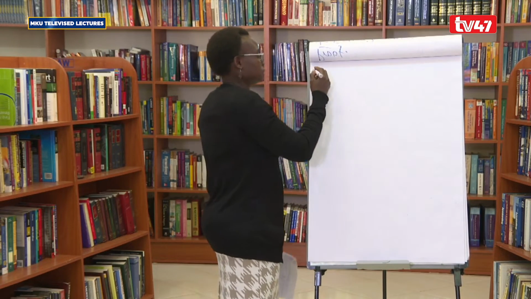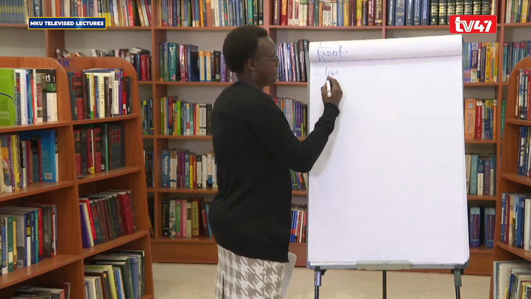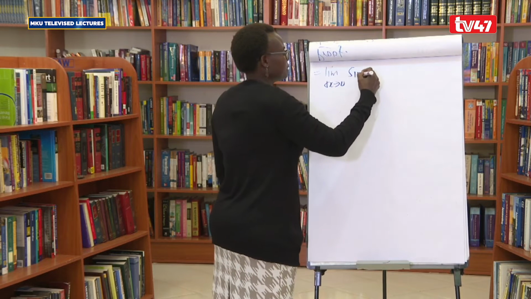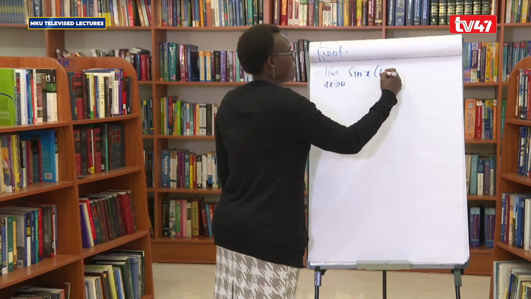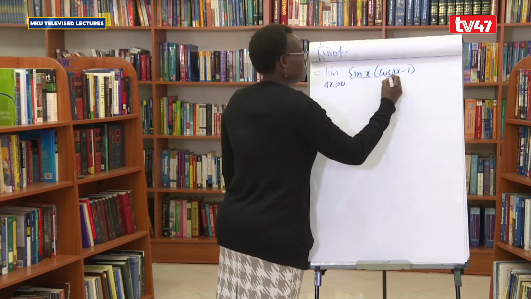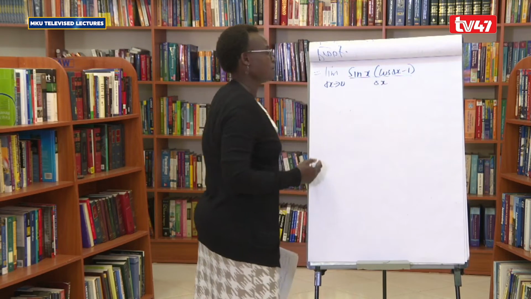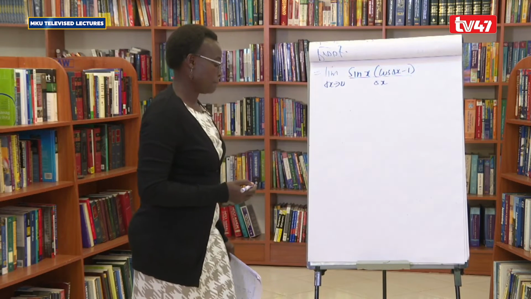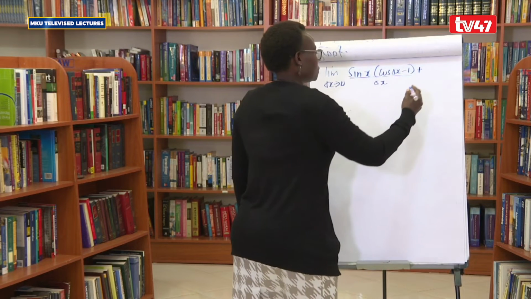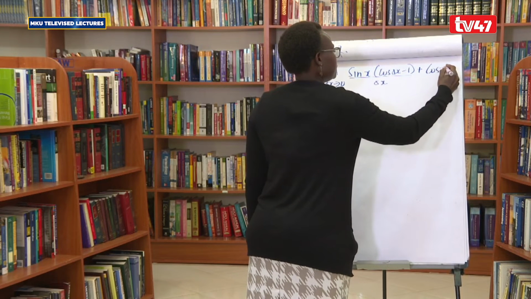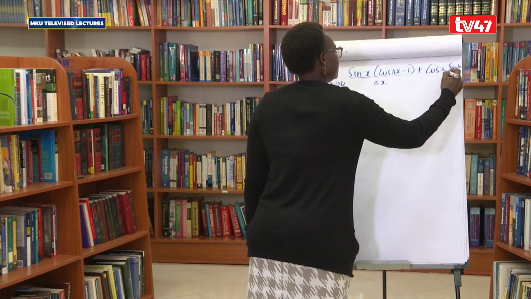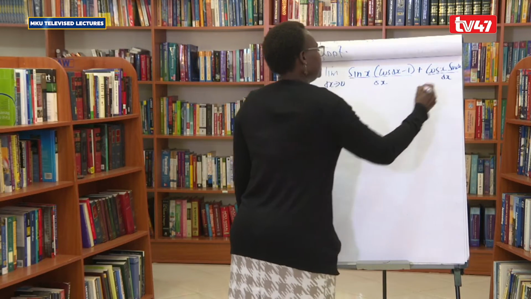So that would give us the limit as change in x tends towards 0 of sine x into cos change in x minus 1 over change in x, plus cos x sine change in x over change in x.